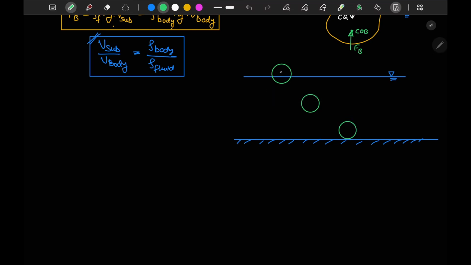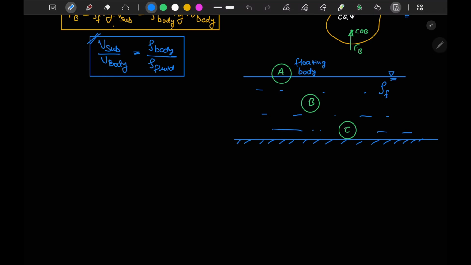Let's say this is body A, body B, and body C. Let's say the density of fluid is rho F. This body A we can say is a floating body or partially submerged body.